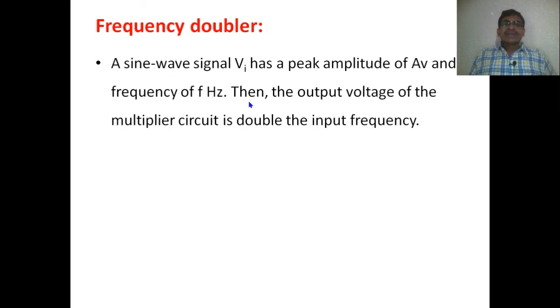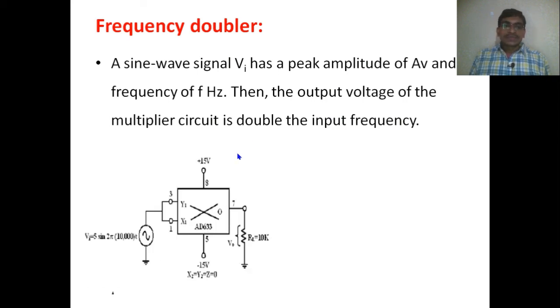A sine wave signal Vi has a peak amplitude of A volts and a frequency of f Hz; then the output voltage of the multiplier circuit has double the input frequency.